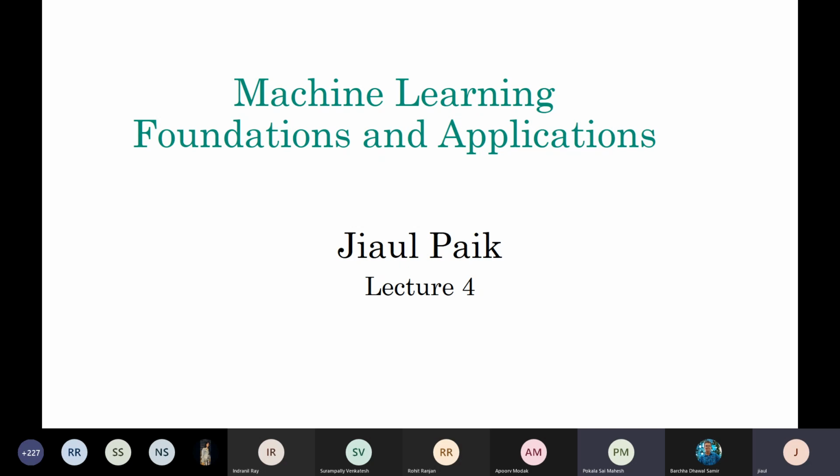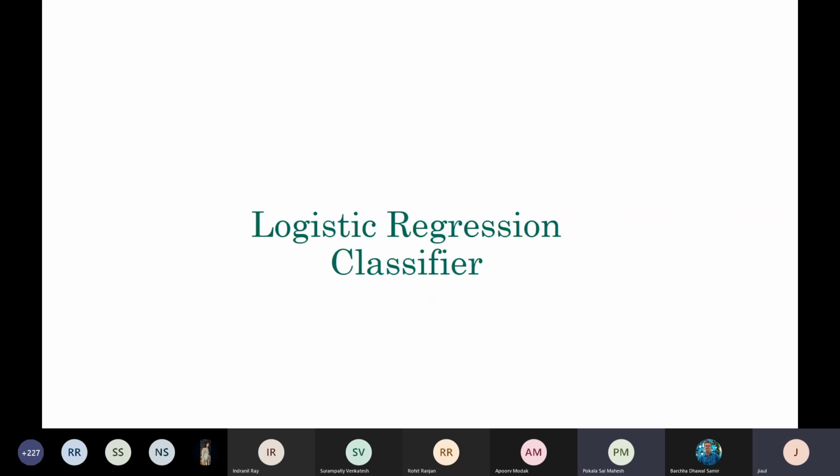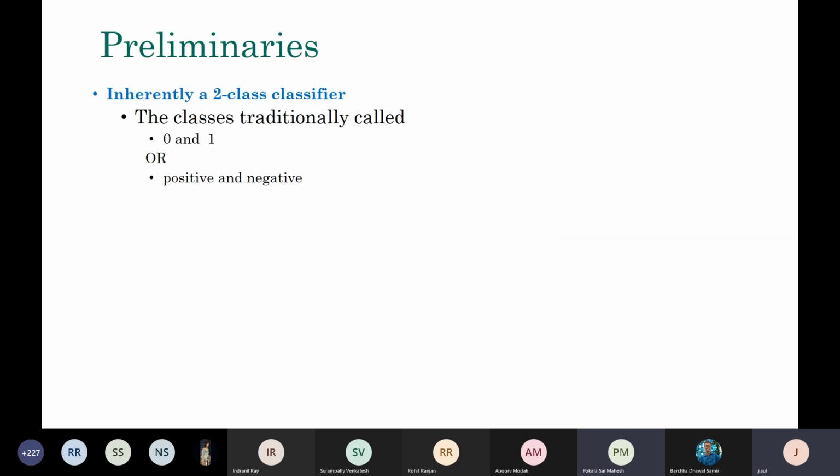Just a quick recap of what we had been doing last time, to bridge the gap in case you have any. We have been talking about logistic regression. It is inherently a two-class classifier. The class labels could be 0, 1, positive, negative, or any two classes. In that situation, we will be doing logistic regression classification.